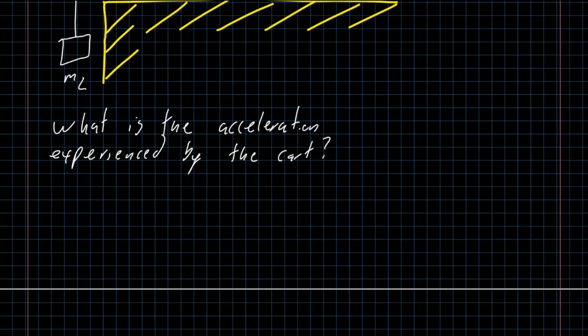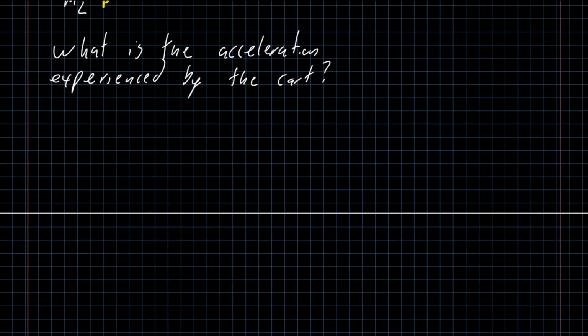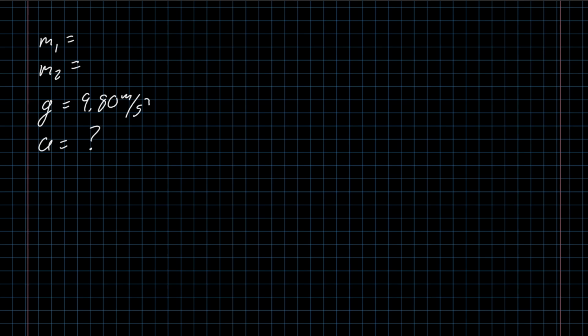I'm just going to go to some clear space so I have plenty of room to write this out. There we go. All right, so the acceleration is the unknown. I'll put a nice question mark there. We're talking about gravity, so we probably need gravitational acceleration, 9.80 meters per square second.